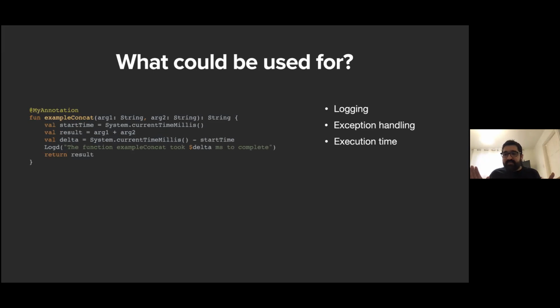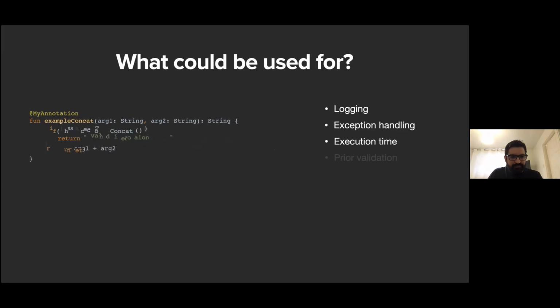This is a classic one: performance. People tend to add this to wrap their code so that they can get the execution time, or how long it took to run, so that they know if there are some methods in their code that are taking too long. It's very useful as well when you can modify the code.